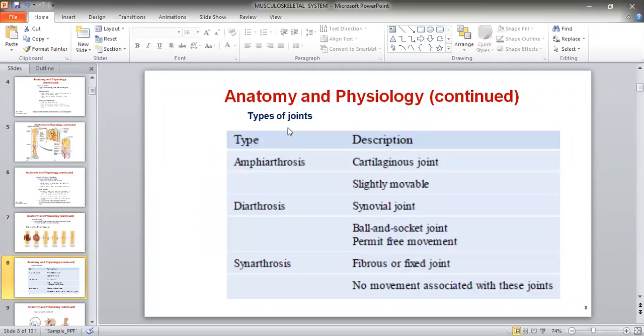So what are the types of joints and what is the nature of joints, right? Some of the joints are cartilaginous, some contain synovial, and some are fibrous, right?